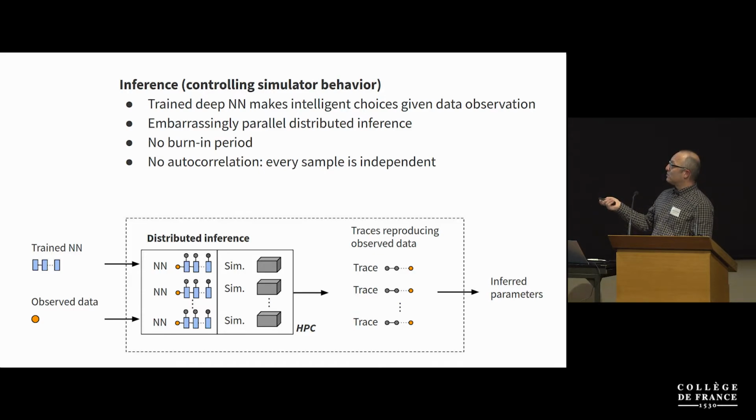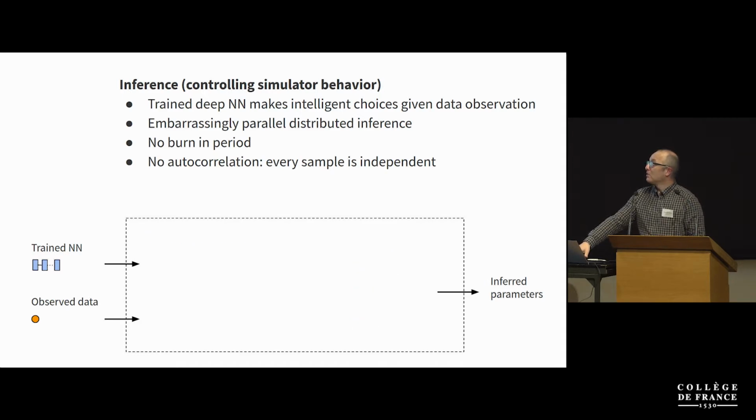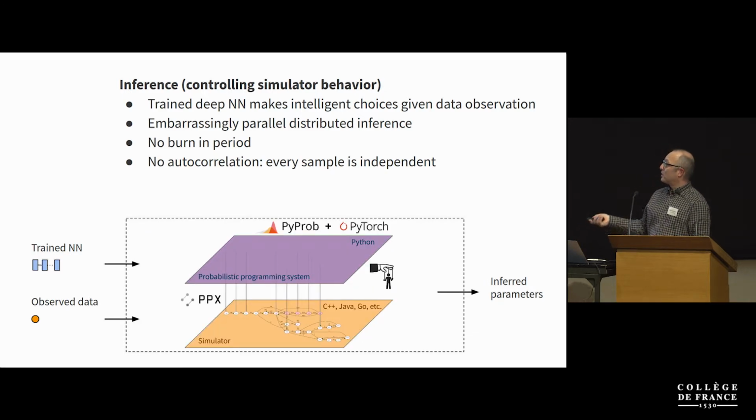Then you execute your simulator under the control of this amortized inference engine, and you end up with traces where the rest of the trace is compatible with the observed data. In a sense, you get posterior traces that explain your observed data. This is a very high-level summary of what's going on. Another way of talking about this is that the probabilistic programming system is controlling the simulator, somehow guiding it to do interesting things.